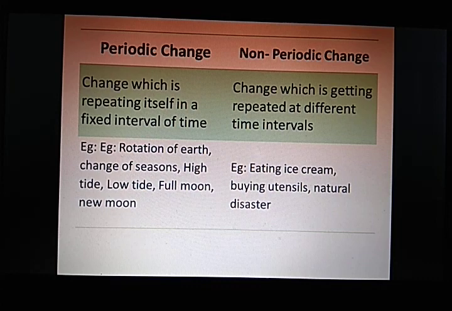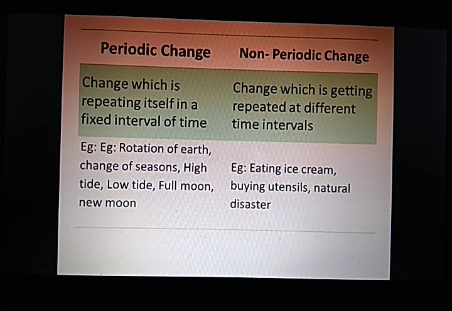That means there is a fixed time interval after which high tide, low tide, all these events take place. A non-periodic change, as I said, the change is happening, but the time interval is not fixed. So having an ice cream, it's not that every day we will have ice cream.